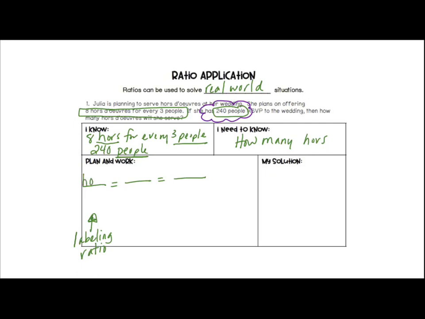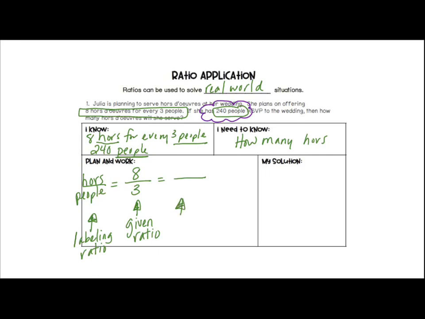So we're going to compare the hors d'oeuvres to people. We have this small sample ratio of 8 hors d'oeuvres for every 3 people. This is what I call the given ratio. This is the ratio that they give us all of the information for. Okay, so we have 8 hors d'oeuvres, 3 people.